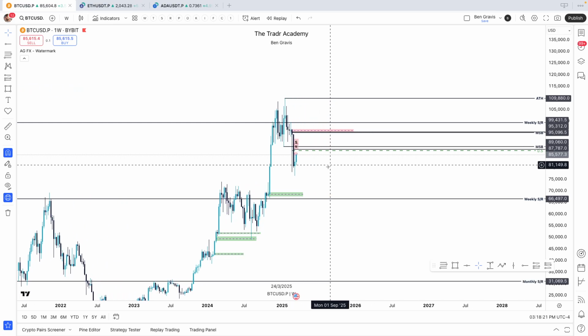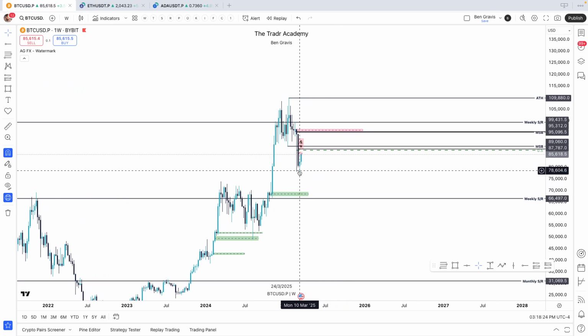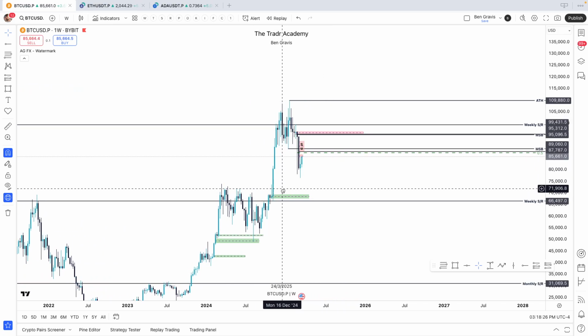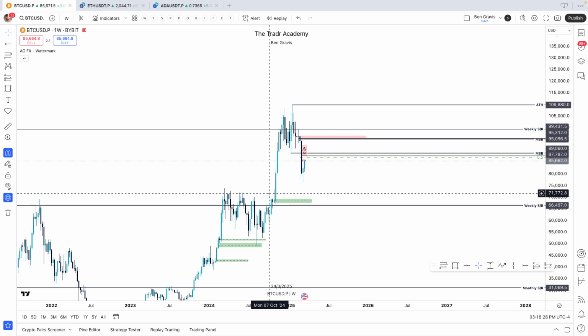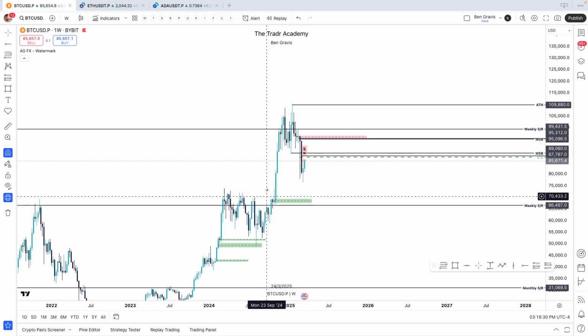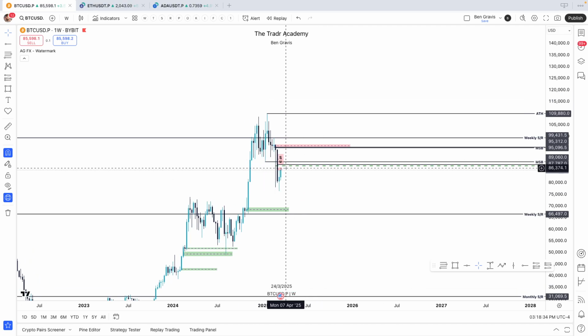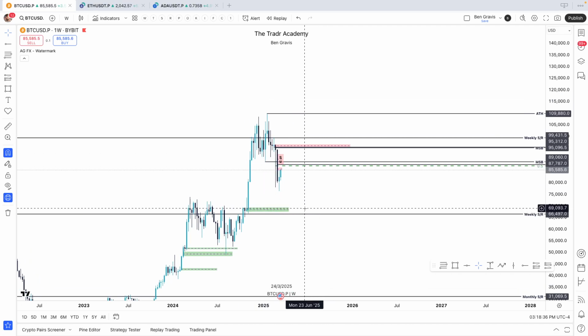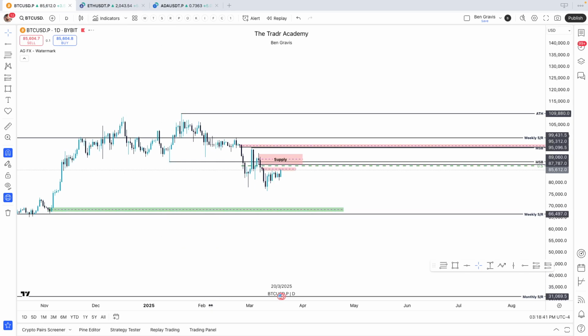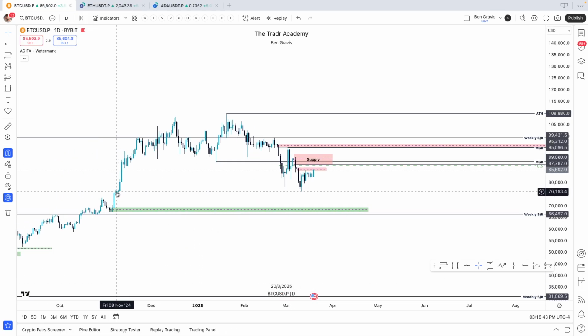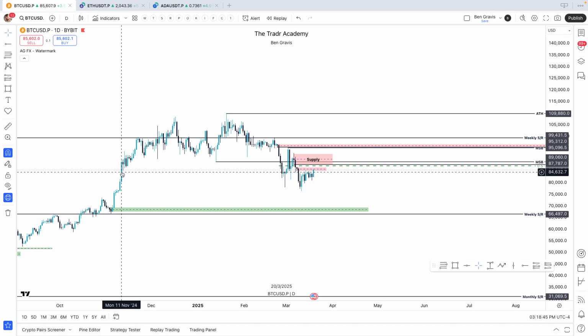But what I miss is a tap of a demand over here on the weekly. So we still have the open fair value gaps over here. With the break in market structure, I just think that it will go down into this zone on the weekly. But you do have on the daily this little zone, and it filled this and not this one.